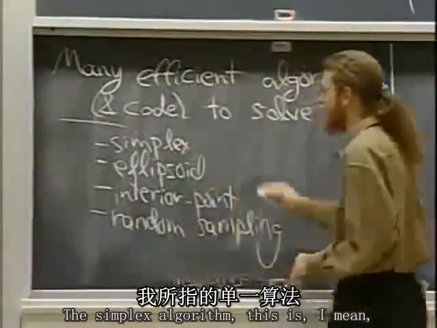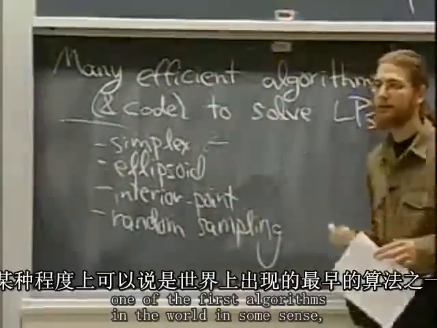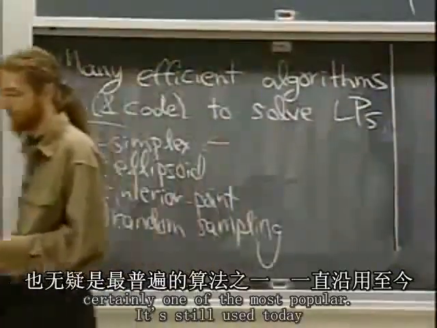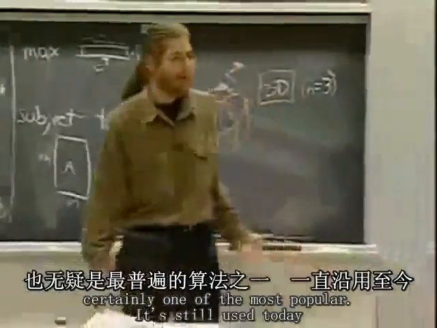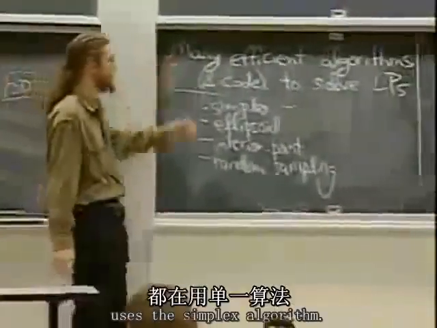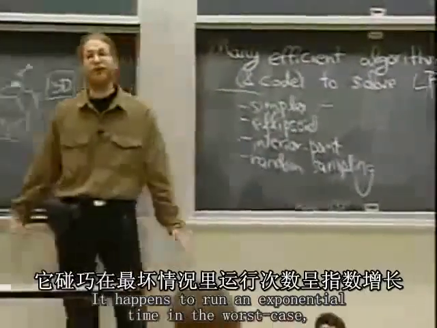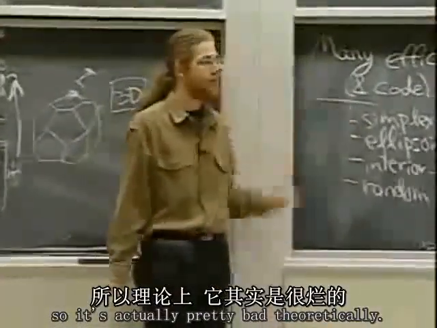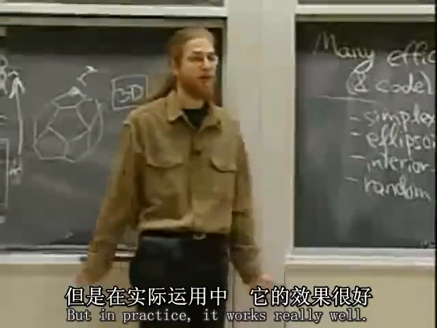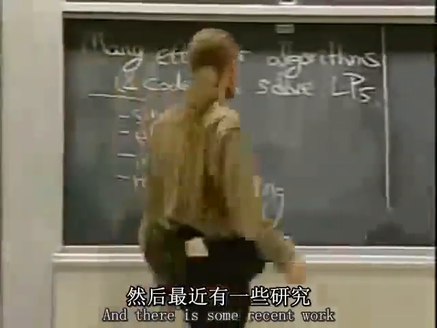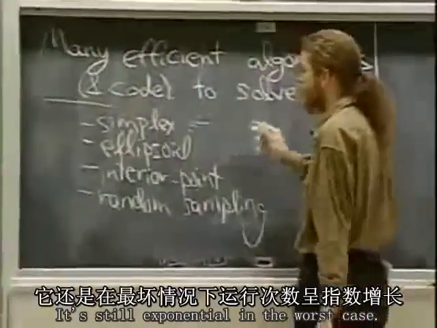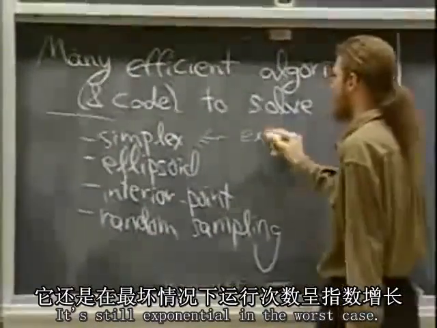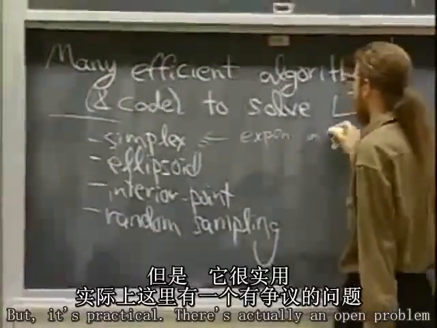The simplex algorithm is one of the first algorithms in the world in some sense, certainly one of the most popular. It's still used today. Almost all linear programming code uses the simplex algorithm. It happens to run in exponential time in the worst case, so it's actually pretty bad theoretically. But in practice, it works really well. There's some recent work that tries to understand this, but it's still exponential in the worst case.